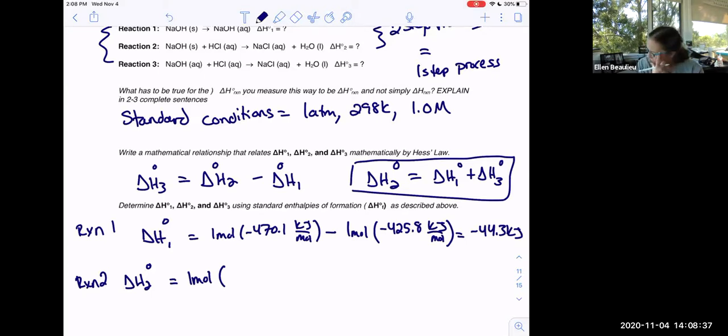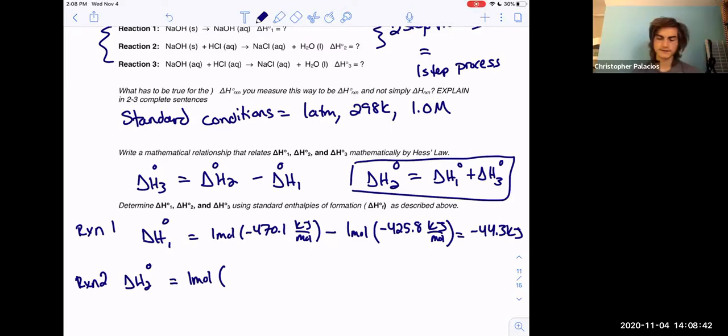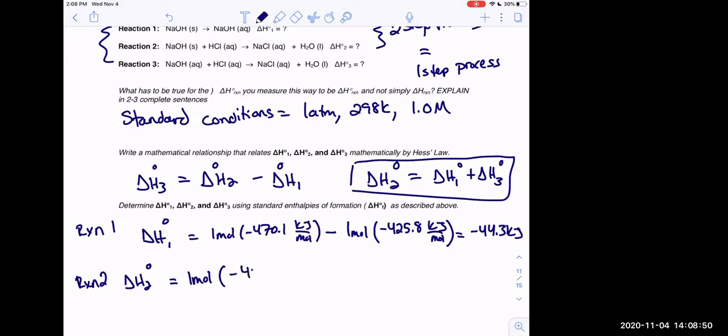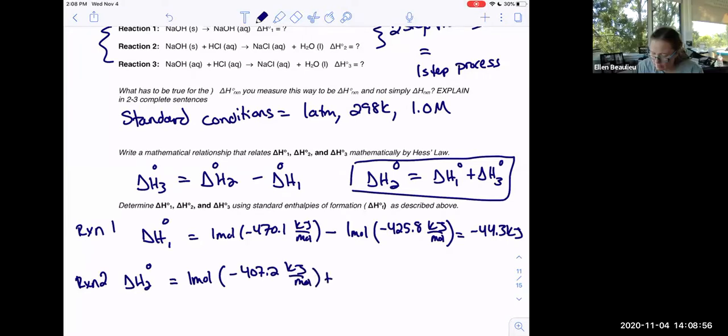What's a product of reaction 2? NaCl aqueous. So, Emily, what's that one? Negative 407.2. All right. Are there any other products?